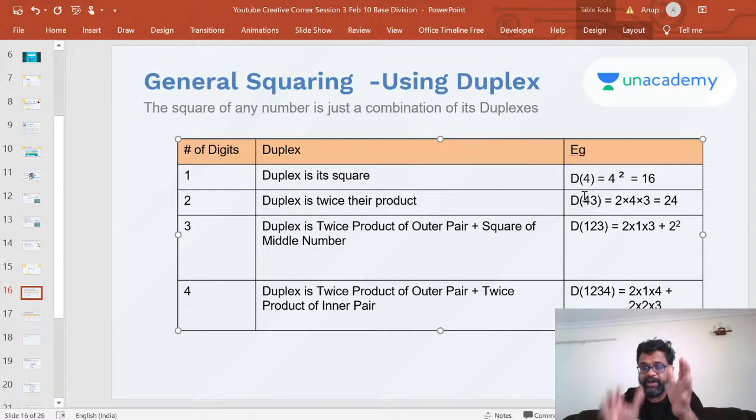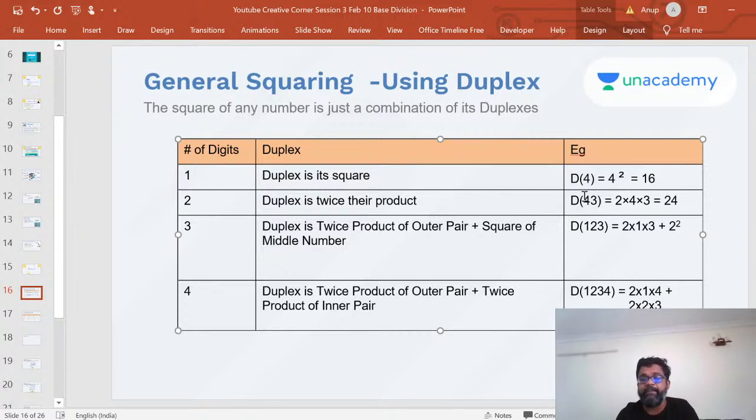So as long as you know how to find out the duplex of a single number, a double number, 3 digits and 4 digits, you are able to solve a lot of squaring problems. Okay, so keep this table in mind. You can take a snapshot, quite useful, and we will talk about the application of it in the coming slides.